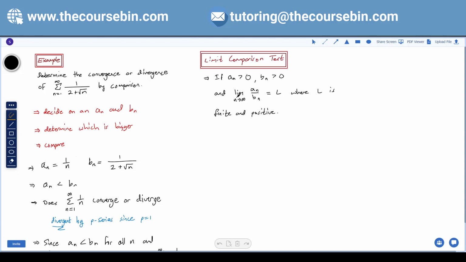Okay, so you take the limit of the ratio of a sub n to b sub n and you get a finite value L. Right, so L has to be positive. If that's the case, then either both series converge or both diverge.